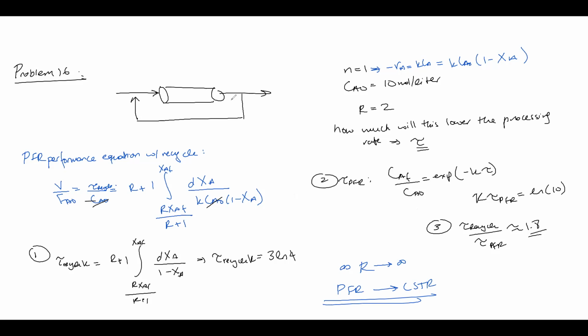As the recycle ratio of a PFR approaches infinity, the performance of the PFR will approach that of a CSTR. And this is in converse to having CSTRs in series. So as the number of CSTRs approaches infinity, the CSTRs behave like a PFR, right?